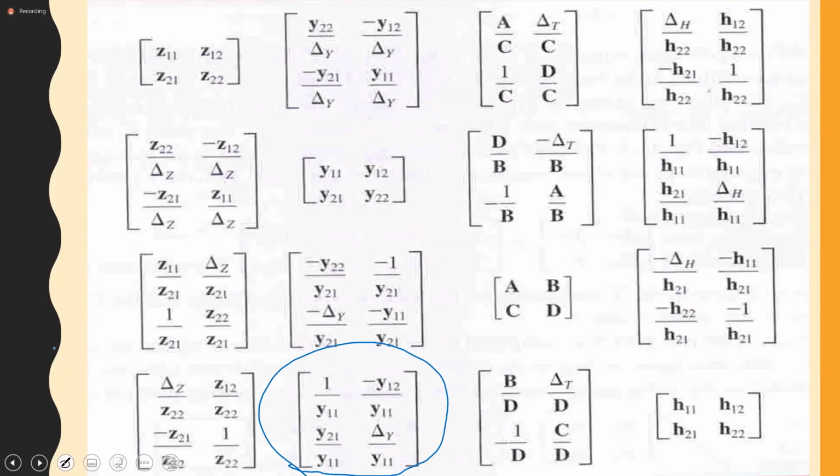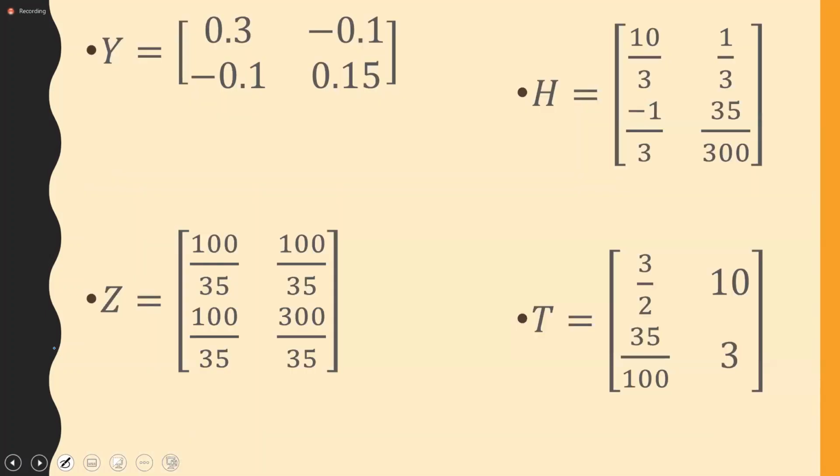Now that we have the matrix, here's my admittance matrix. So y, if it makes it easier for you, 3 over 10, minus 1 over 10, minus 1 over 10, and 15 over 100.